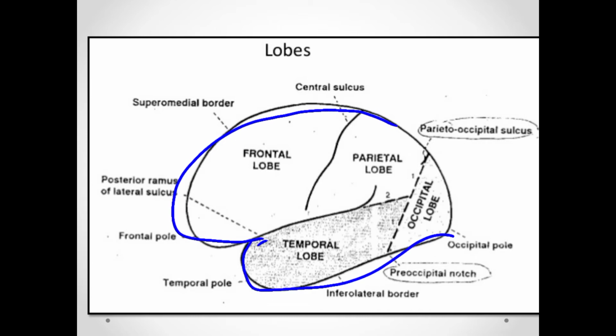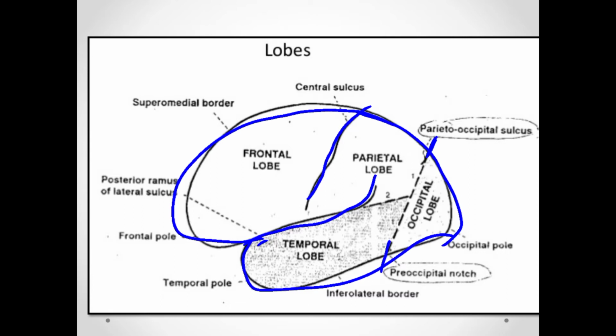Next, in the upper part, you draw one sulcus called the central sulcus. After drawing the central sulcus, next you can see a sulcus here. This is called the posterior ramus of the lateral sulcus. Next is the parieto-occipital sulcus, and here comes a pre-occipital notch.